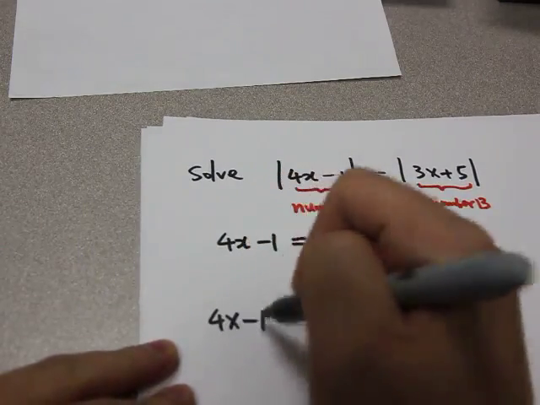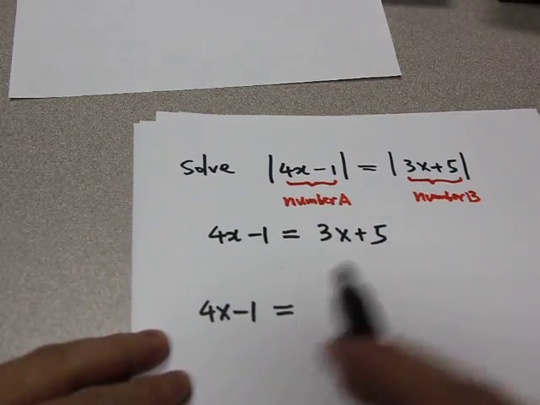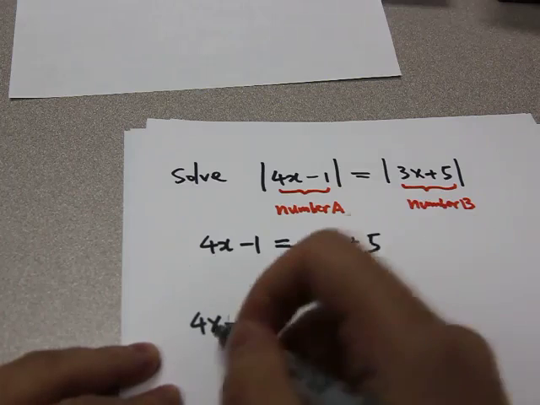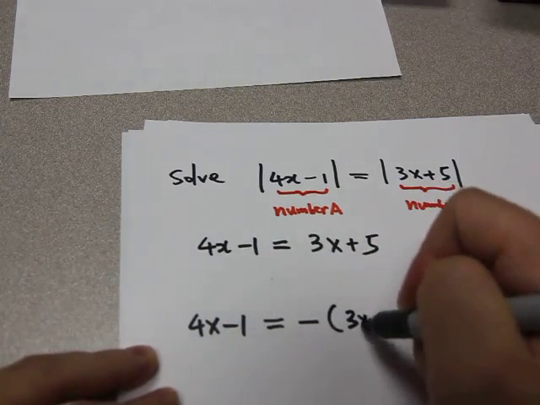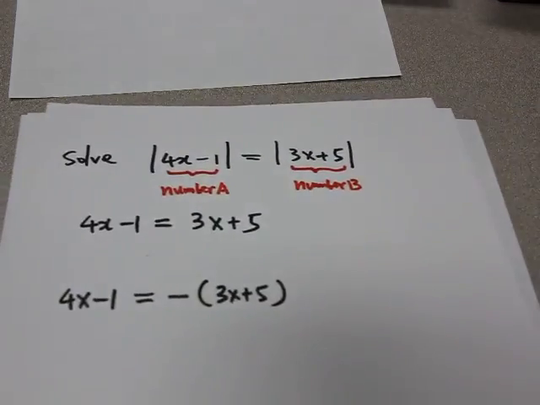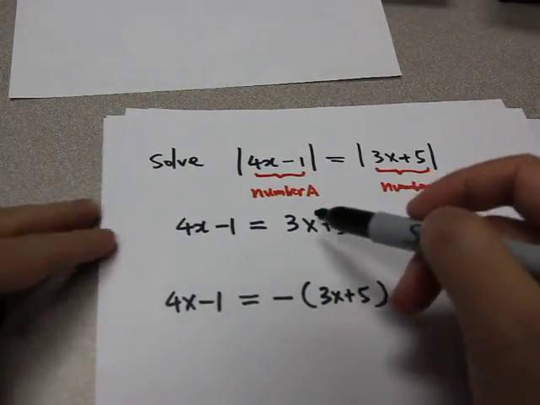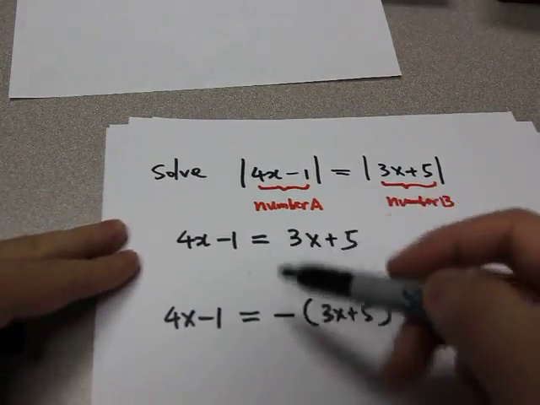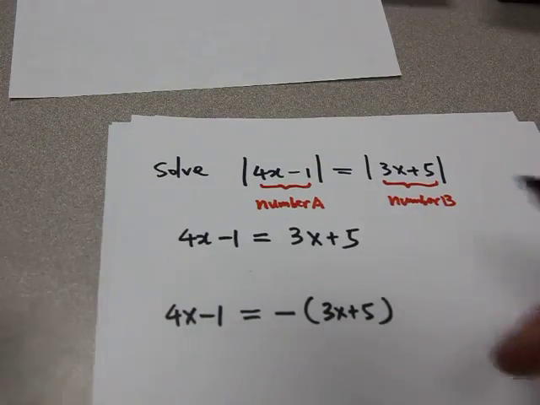Opposite means one is equal to negative 1 times another. So 4x minus 1, we can write this as the negative of 3x plus 5. So here we have two equations. By solving each equation, you can find one solution. So in total, there are two solutions.